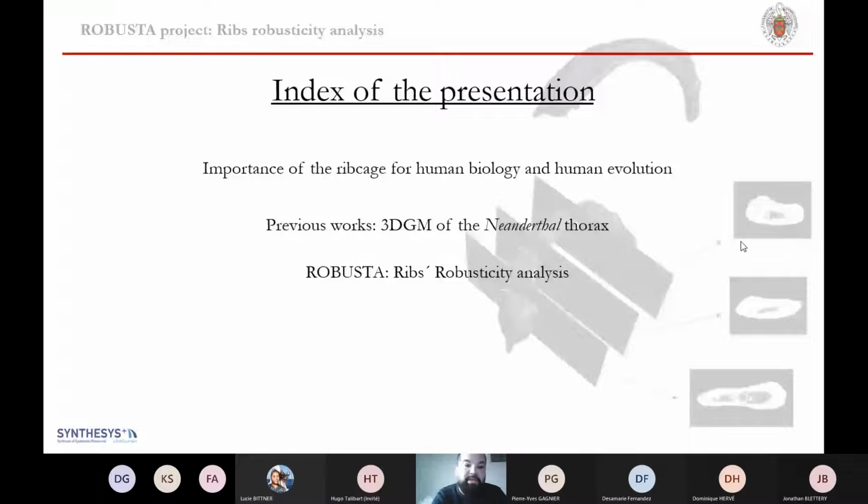I will try to be brief in the 3 of them, but I think that is important to talk about the importance of the rib cage for human biology and for human evolution. Briefly talk about previous works that we have developed using 3D geometric morphometrics in the Neanderthal thorax, and then once you know the first steps, talk about the ROBUSTA project, the ribs robusticity analysis.